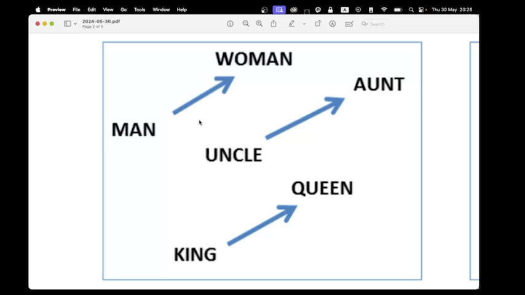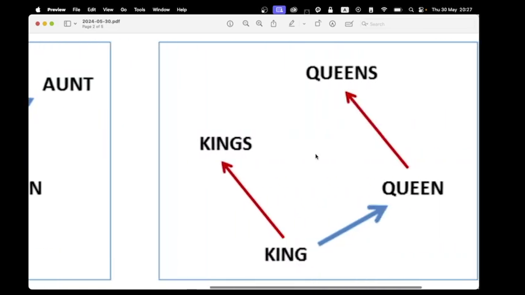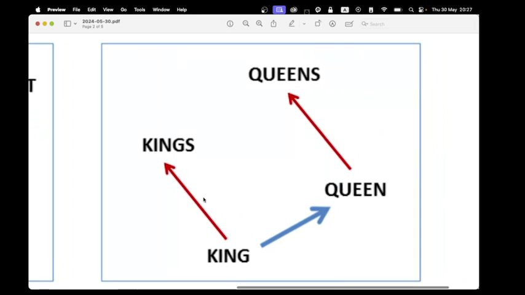Here, blue is a gender swap vector. If we go a constant direction from any word, we get its gender swapped version, in this case the female version. The red vector is a plurality vector: if we go from any word in the direction of this vector, we get the plural version of the concept.